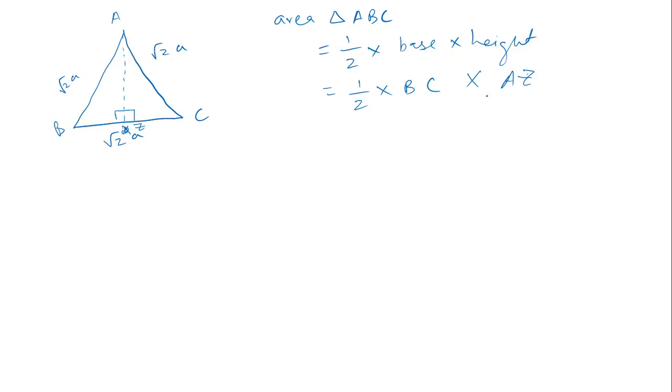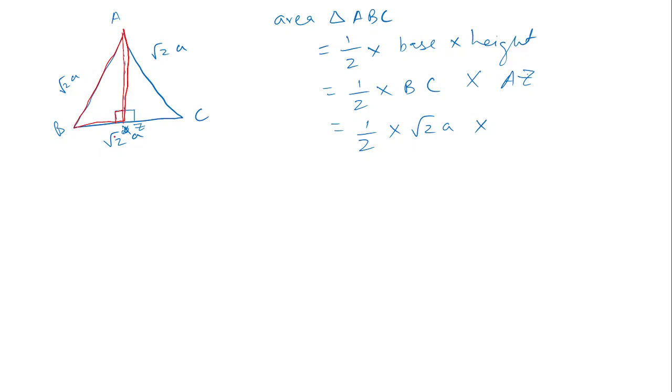Okay, AZ I need to find out, because BC is how much? Root 2a. BC is root 2a. Now I need to find out this AZ. So you can see this is forming a triangle. You can see this is forming a right angle triangle, this side and this side as well. Okay, so this right angle triangle.